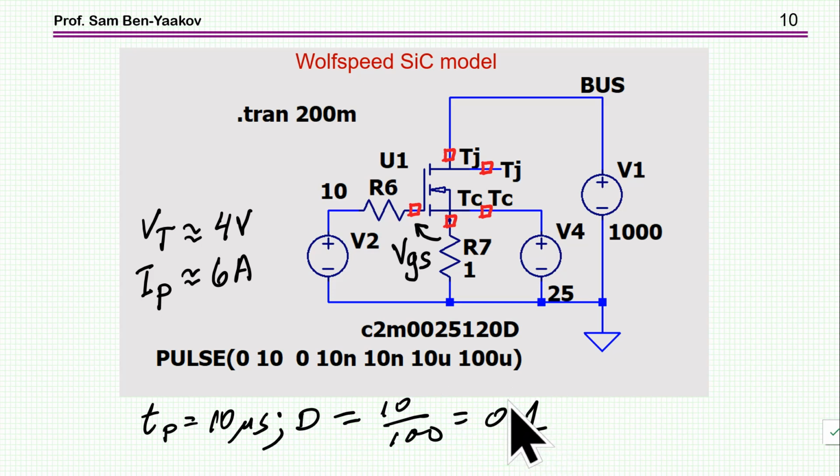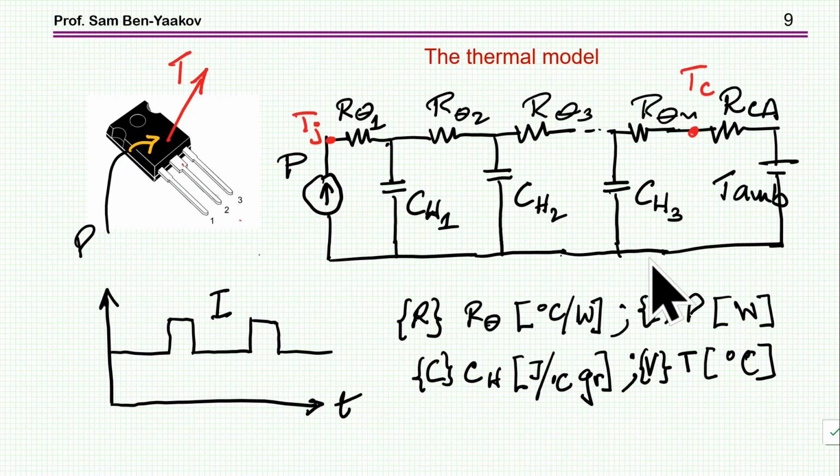Duty cycle does not need to be entered here. I'm just taking it as a reference for comparison later on. So in this case, I've clamped the case to 25 degrees, which is like representing the ambient temperature, exactly as I put it here.